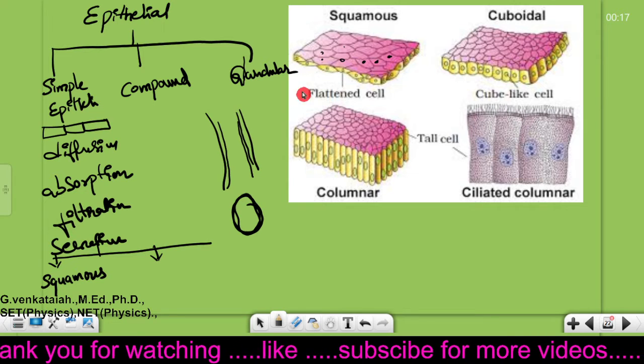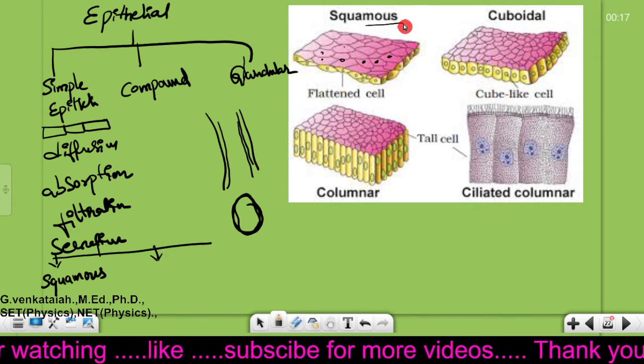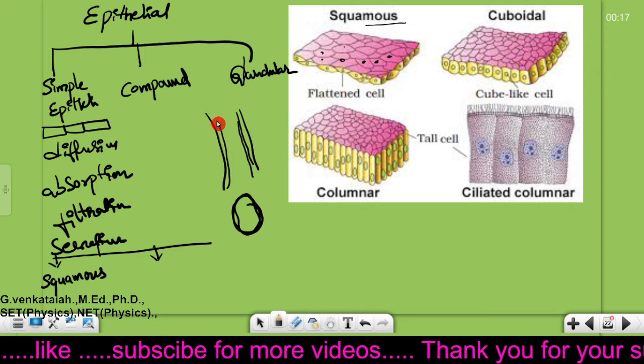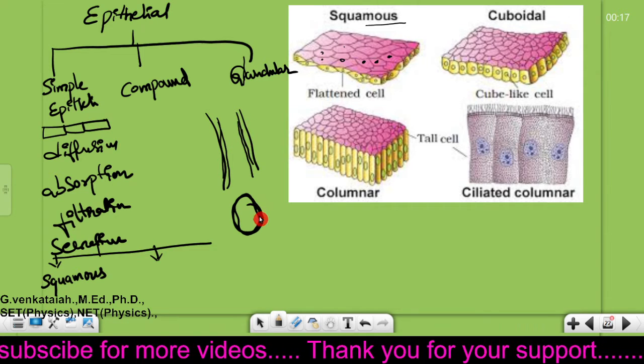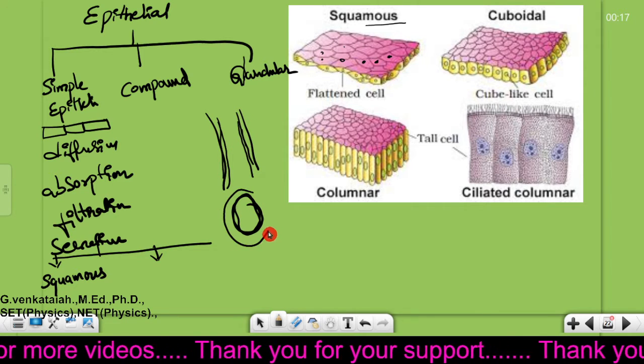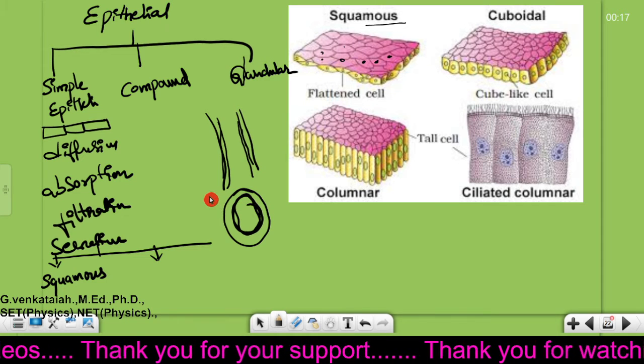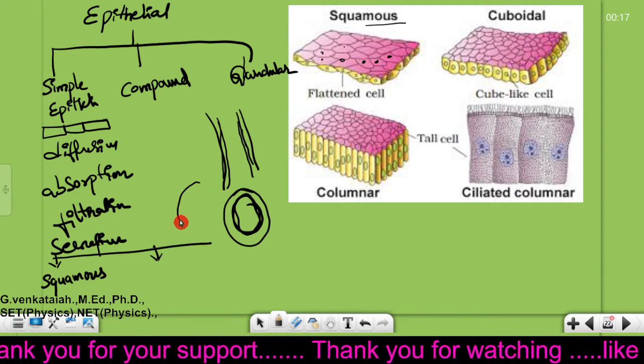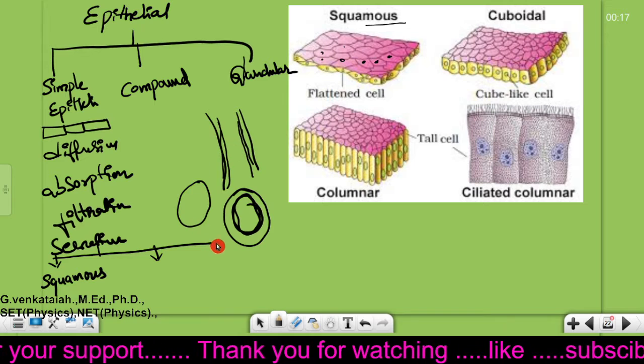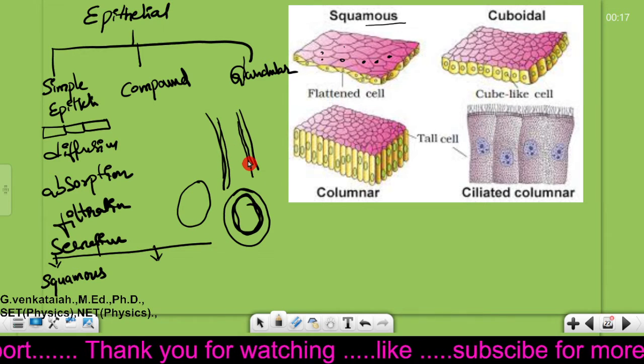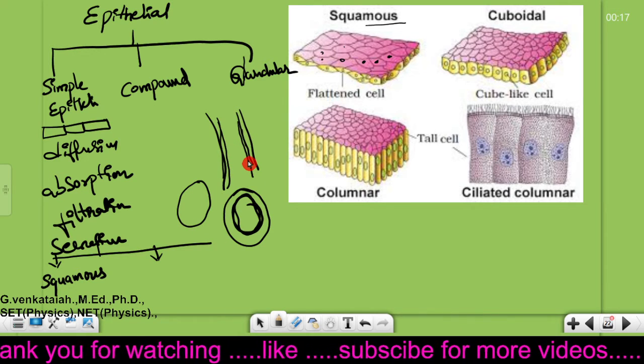These are all formed with squamous epithelial tissue.